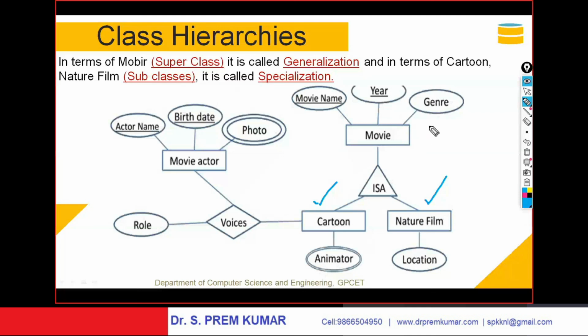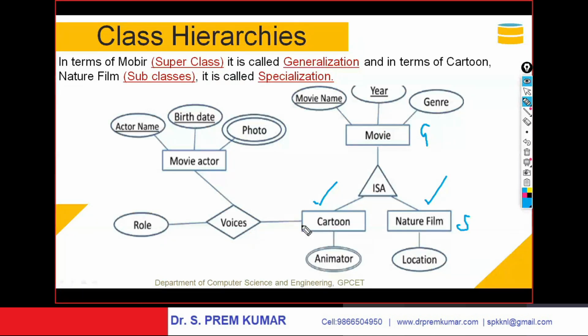When I say movie, this is called generalization. When I say movie is a cartoon, movie is a nature film, this is called specialization. The subclass comes to specialization, the superclass comes to generalization. This is all about generalization and specialization. This is called class hierarchy.